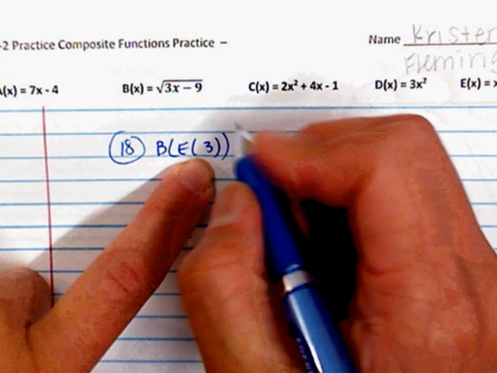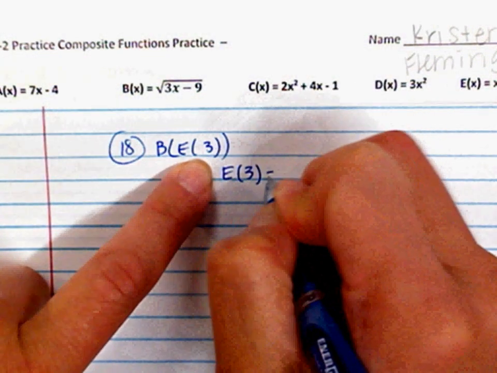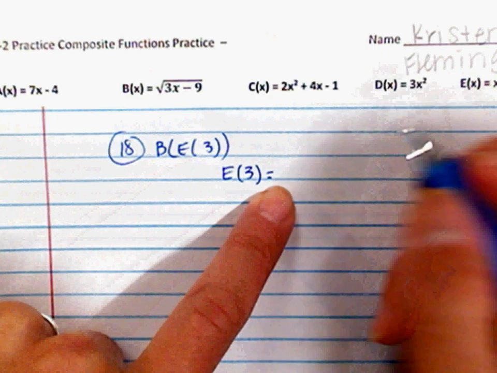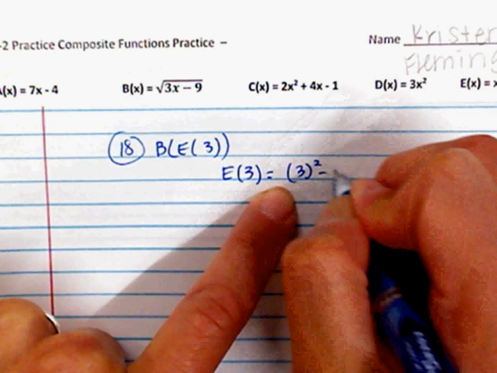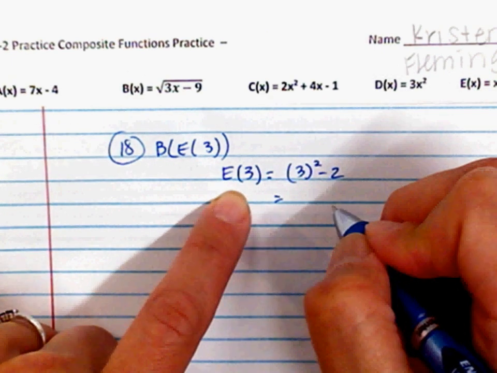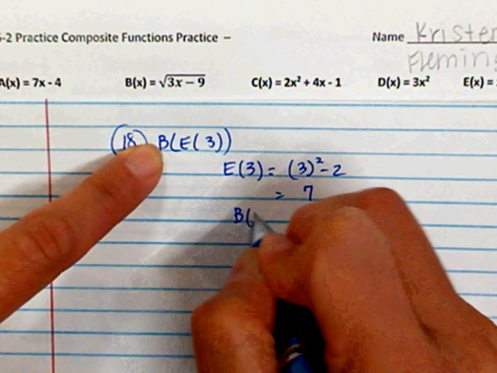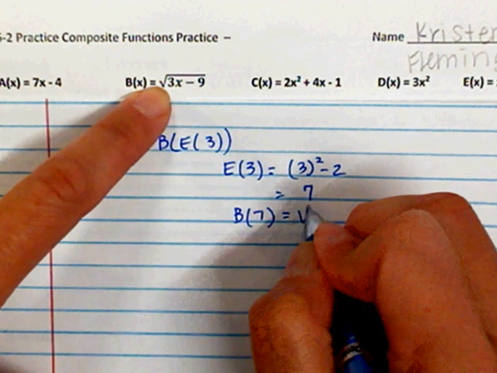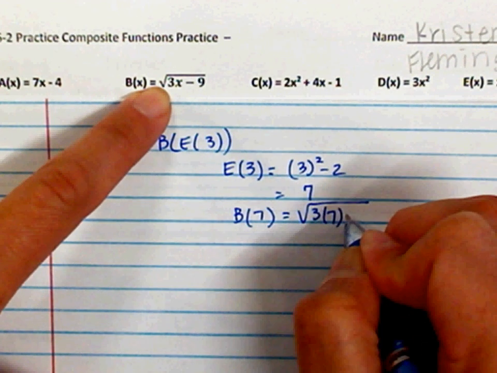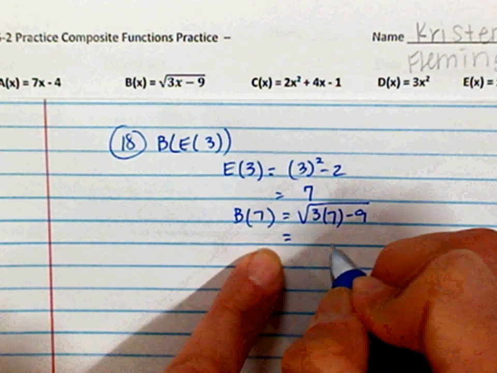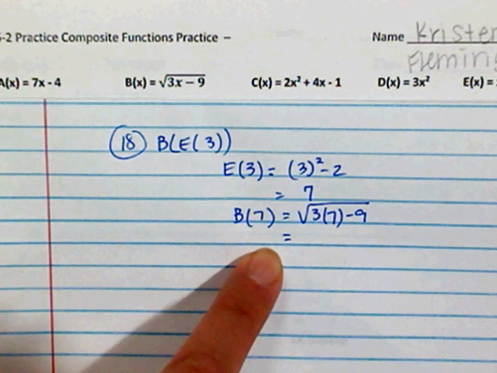My E is 3. So you have 3 squared minus 2, which is 9 minus 2 is 7. Now we're going to plug that into B. Square root of 3 times 7 minus 9, which comes out to be 21 minus 9, which is 12.